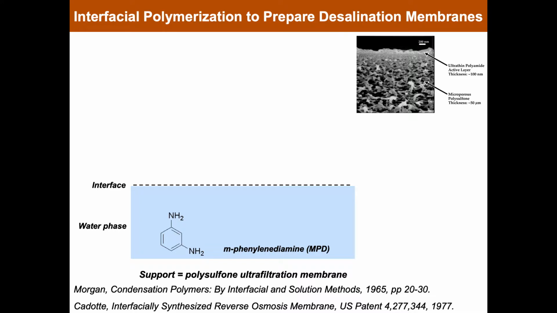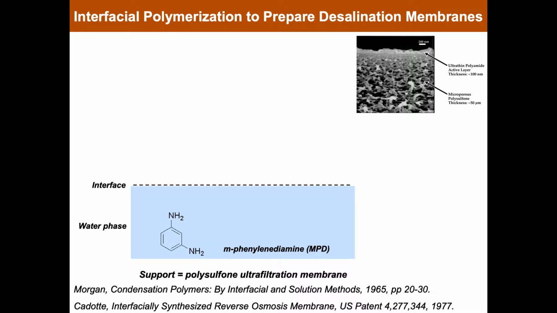The way these are made is they start with a microporous polymer support, typically polysulfone. It's used essentially for mechanical support. And then there is polymerized on top of this support a very thin barrier layer, on the order of 100 nanometers or less, that allows water to transport across this membrane, but not salt to a large extent.